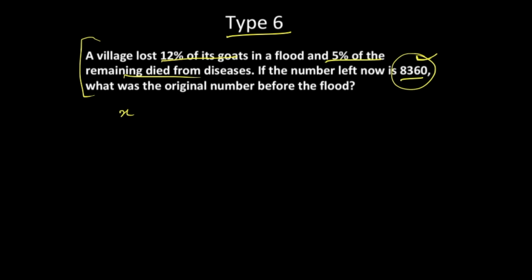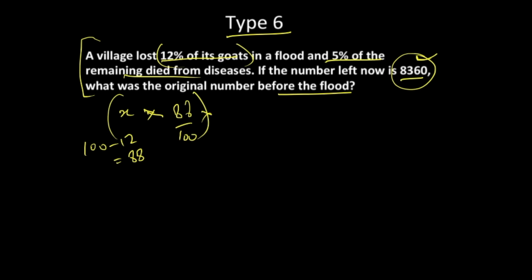So if x was the initial population of the goats before the flood, 12% of the goats were lost in the flood. So 12% lost, that is remaining is 100 minus 12, that is 88%. So we'll write 88% over here. And then on top of that, these would be the remaining goats, right?